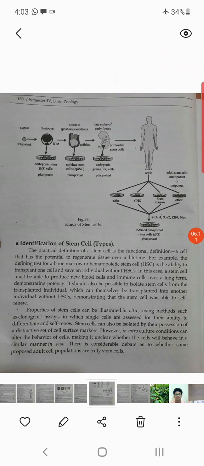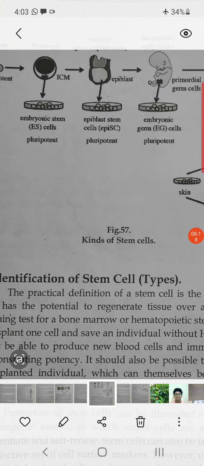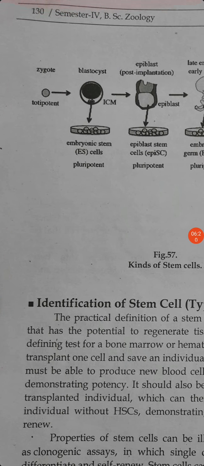Now see the diagram. By observing this diagram, you can understand very well. So what happened during this? See the zygote. That is totipotent. Now from the zygote we get the blastocyst. We studied all these things, so it is very easy to understand.